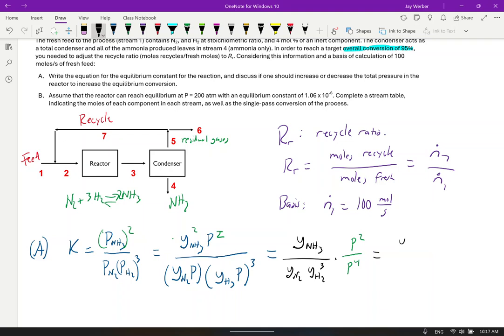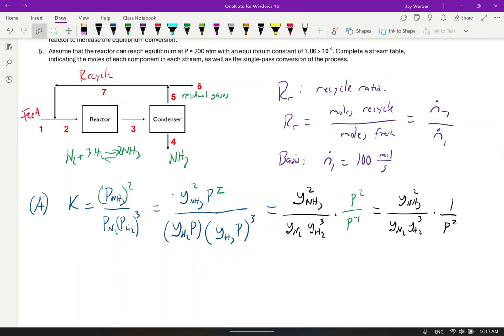So this equals y_NH3 squared over y_N2 y_H2 cubed times 1 over P squared. So that is our equilibrium coefficient.